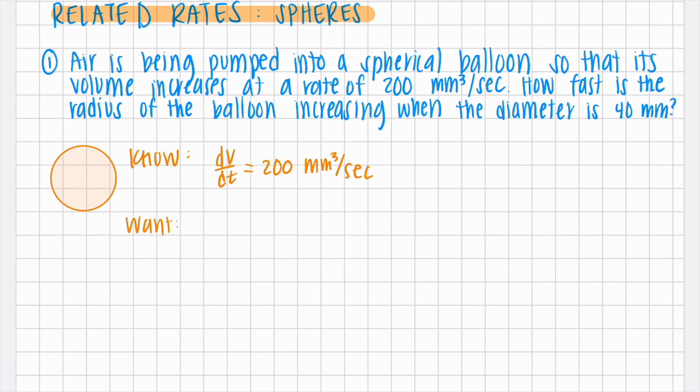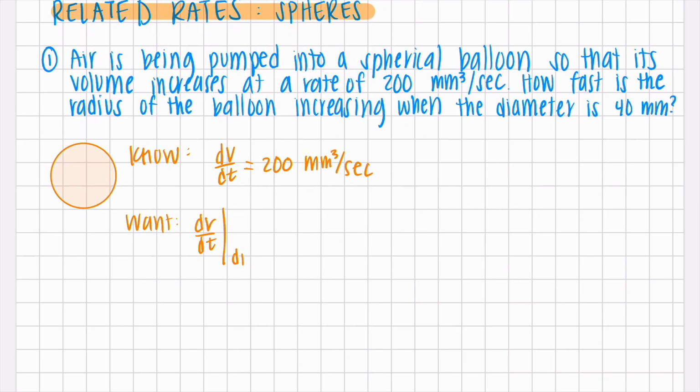What we want is the rate that the radius is increasing, so dr/dt, at the moment when the diameter is 40 millimeters. So we need an equation that relates volume of a sphere with its radius.